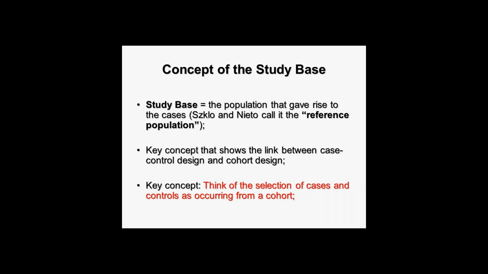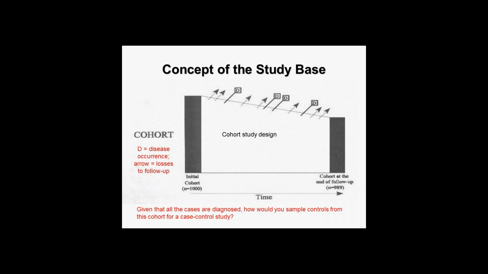In other words, you're given all the cases, because you have this list of cases, the registry database. And now you have to be concerned about the representativeness of the controls. So there's an interplay between the primary and secondary study bases that we have to be mindful of, and it all involves making sure that the controls are representative of the cases.